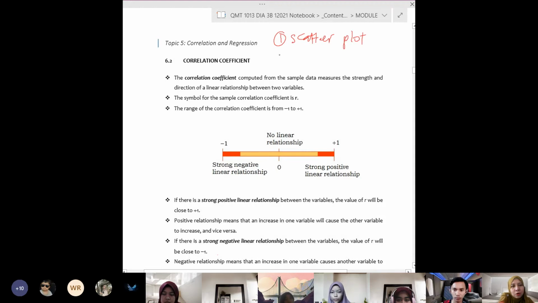Another method of finding the relationship is going to be from this second subtopic, the correlation coefficient. We can actually calculate the correlation, which is the relationship between the variables, by finding the correlation coefficient. So this is another technique to find out the relationship between variables.